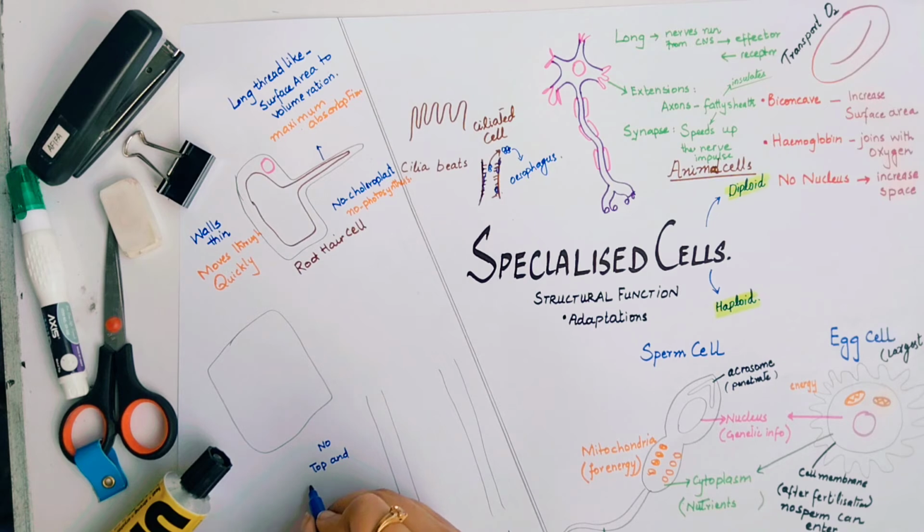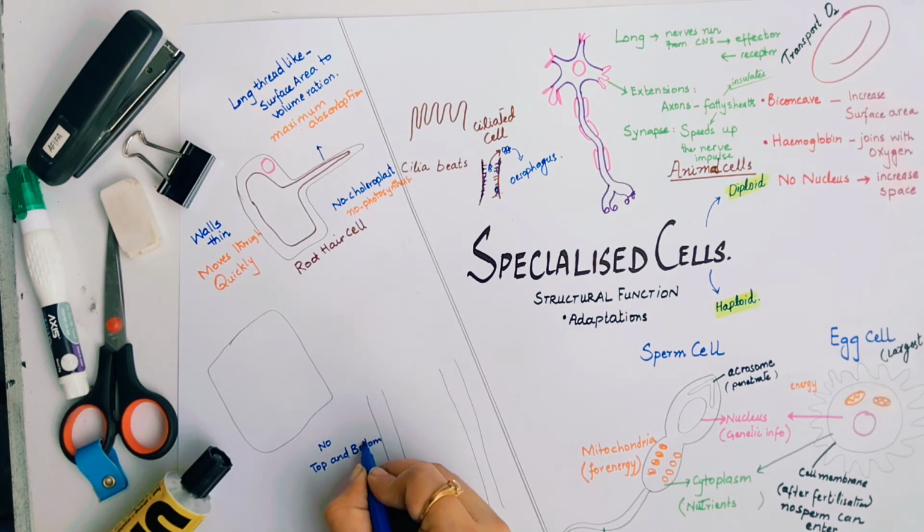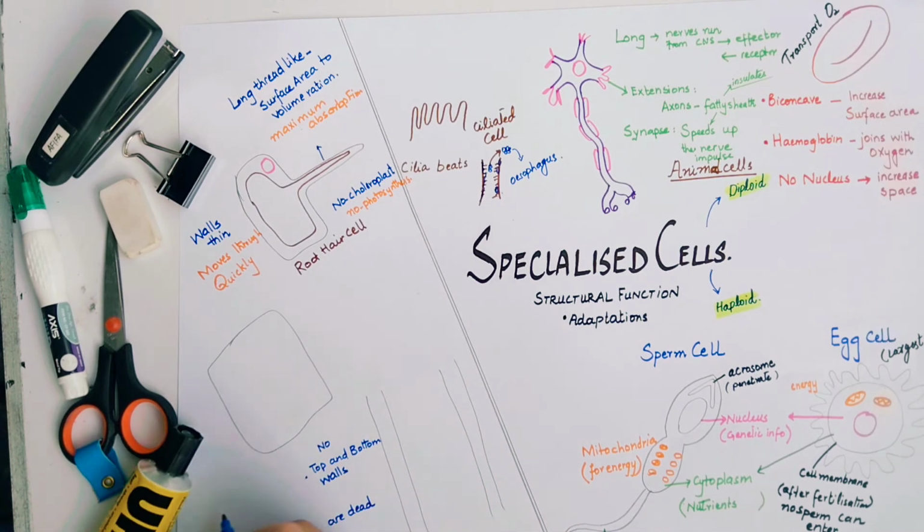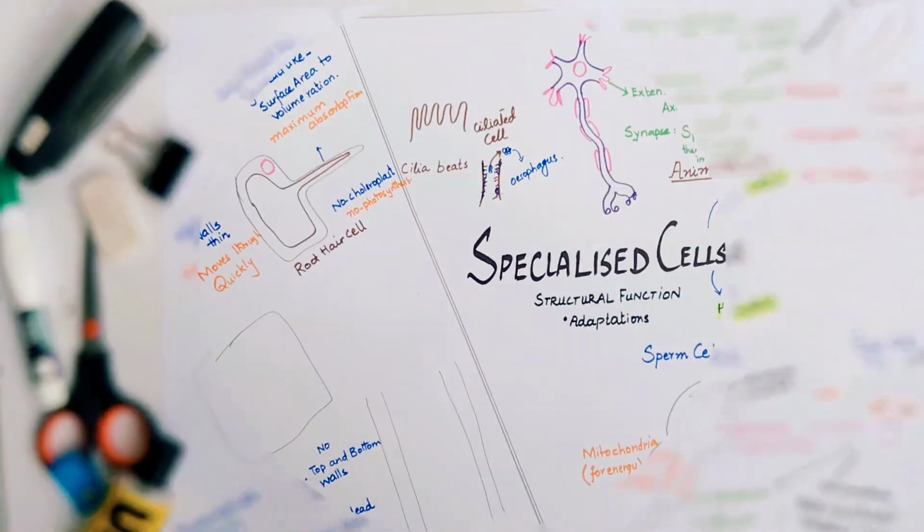Okay, now let's talk about the other cell that is specific to plants. It's the xylem cell. They have no end walls, and xylem is just like a straw having a hollow center. Xylem cells are basically dead, but they have to transport water to very tall plants, so that's why they have a lignified cell wall.